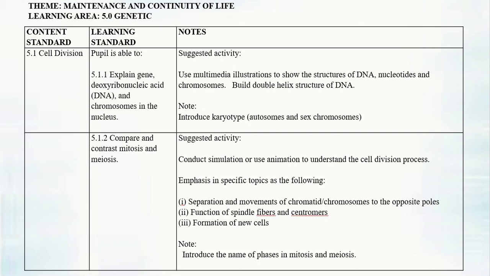The suggested activity for this cell division topic will be to use multimedia illustration to show the structure of DNA, nucleotides, and chromosome. You can also build a double helix structure of DNA for students to understand more. And for the additional note, you need to introduce karyotype, which is autosome and sex chromosome.